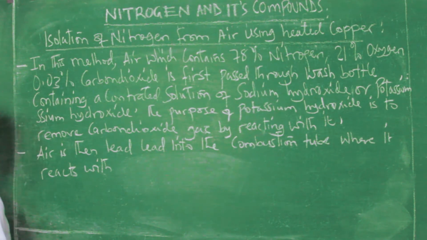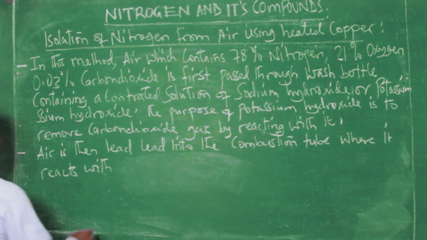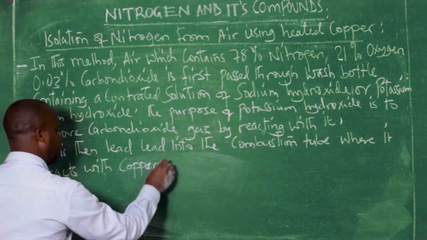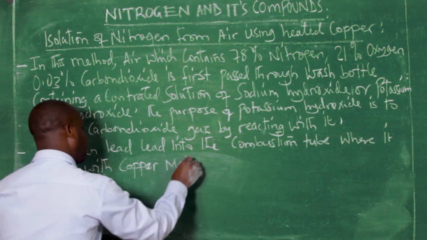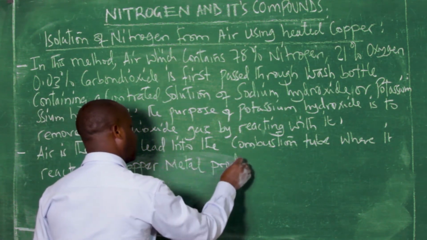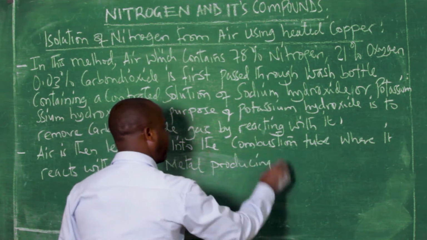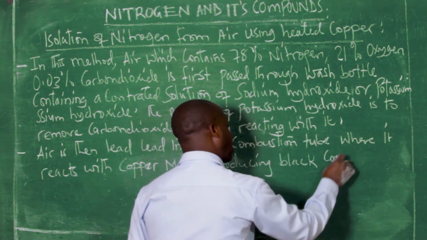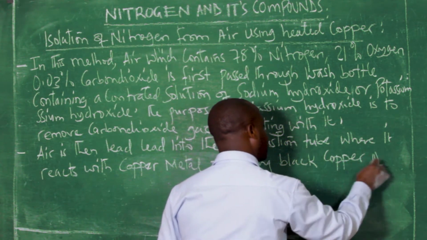Air is then led into the combustion tube where it reacts with copper metal, producing black copper 2 oxide.